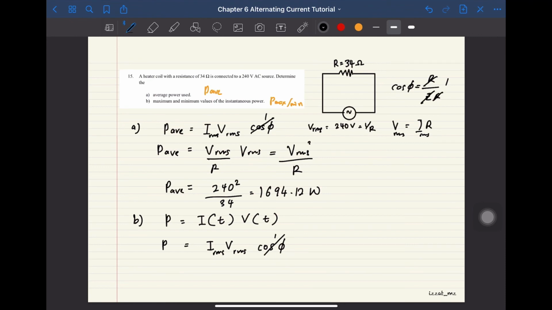You know that the formula for I RMS is basically I naught divided by square root of 2, and V RMS is V naught over square root of 2. So this is just P average, and this is instantaneous. Square root of 2 multiplied by square root of 2 gives I naught V naught over 2.